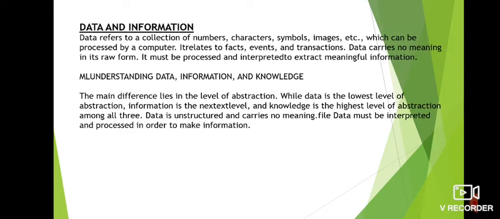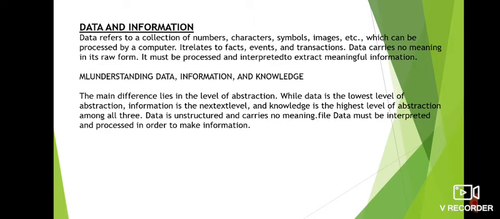Next thing is data and information. Data refers to a collection of numbers, characters, symbols, images, etc., which can be processed by a computer. It is related to facts, events, and transactions.